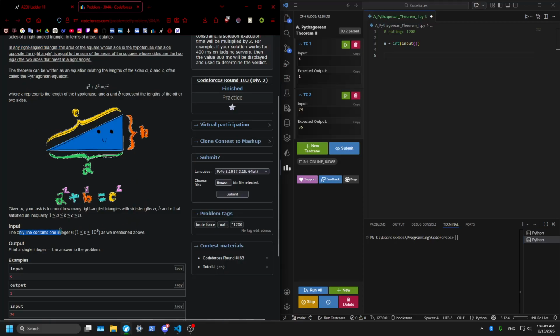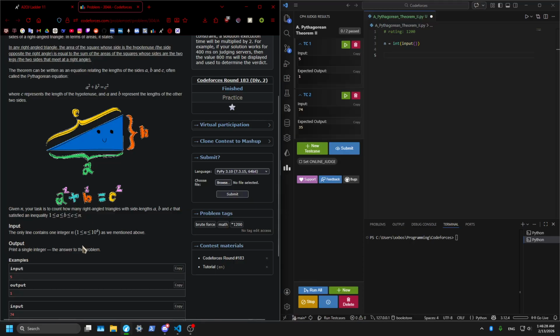The only line contains one integer n, as we mentioned above. Given n, your task is to count how many right-angled triangles with side lengths A, B, C satisfy the inequality.